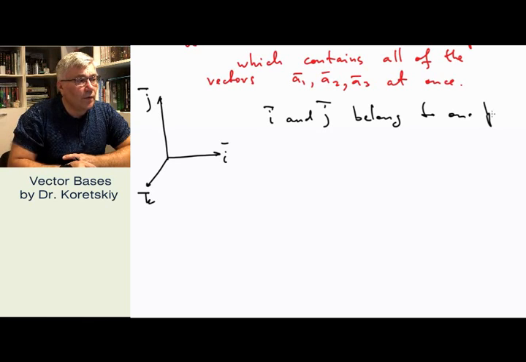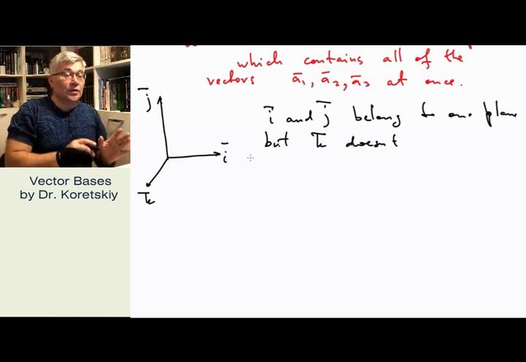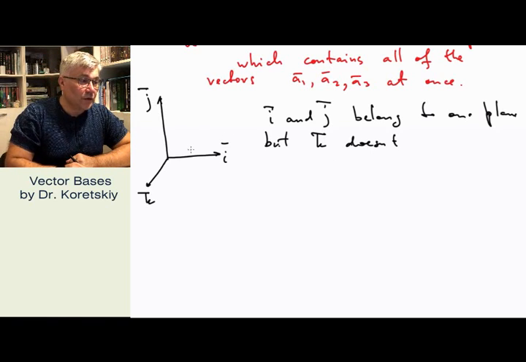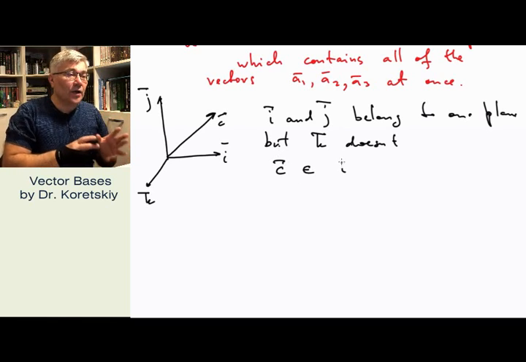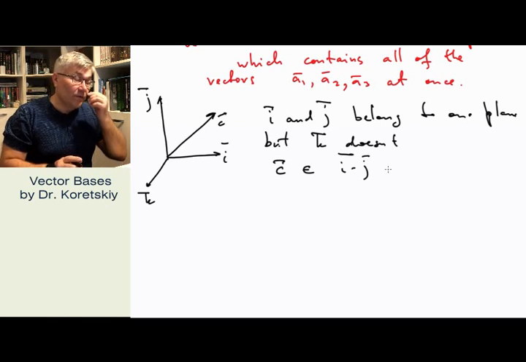I can notice that the pair of vectors, for example, i and j, belong to one plane. But vector k doesn't. So I can take i and j vectors and k as a vector basis.